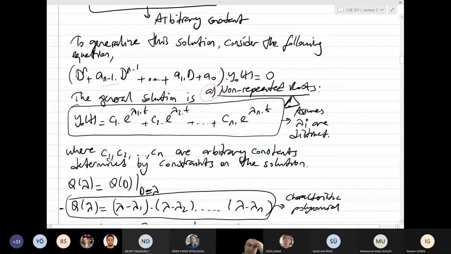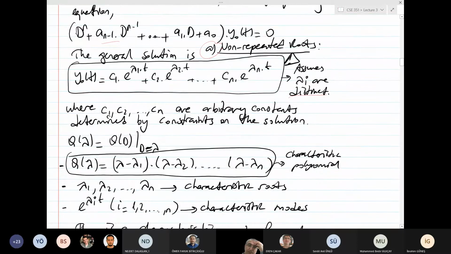This is the general solution when the roots of the system are non-repeated. We assume that the roots lambda i are distinct in this case. The constants c1, c2, up to cn are arbitrary constants. How are you going to determine them? They are determined by the constraints on the solution, that is, the initial conditions.